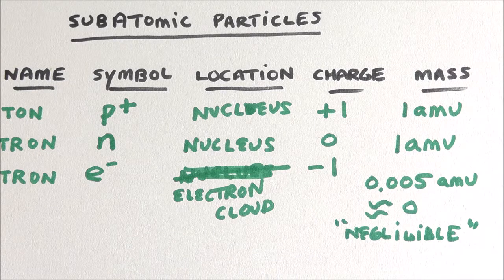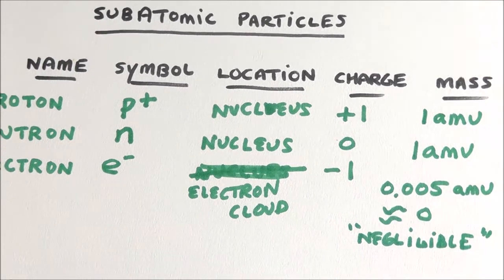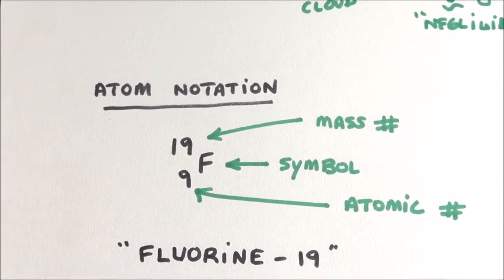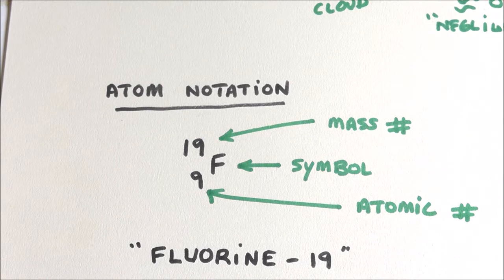That's important. So how do we communicate atoms to other people? I took fluorine. It's going to be our very next example. We're going to talk about exactly what is in a fluorine atom. Now, we have the symbol, because we need to sort of personalize these things.